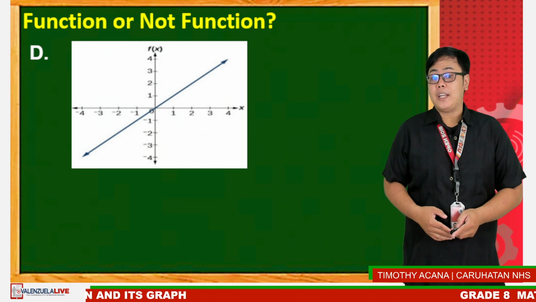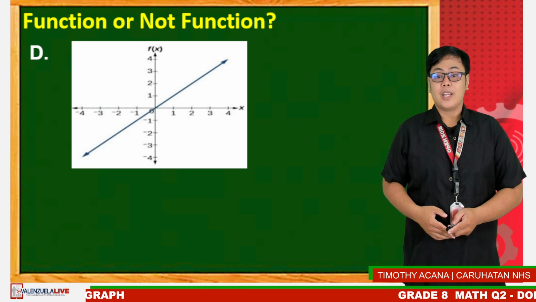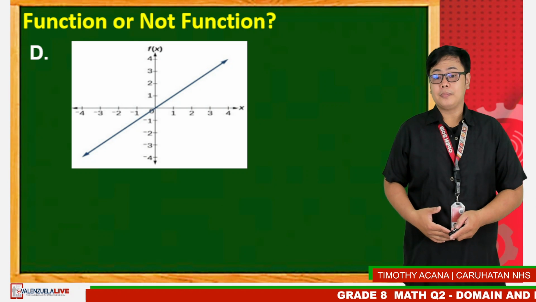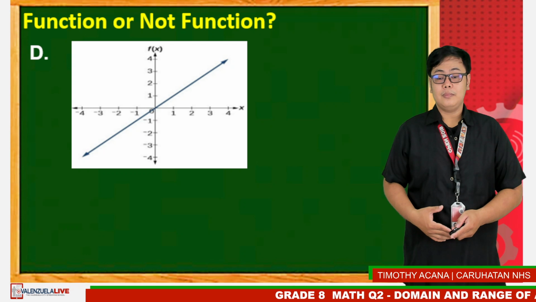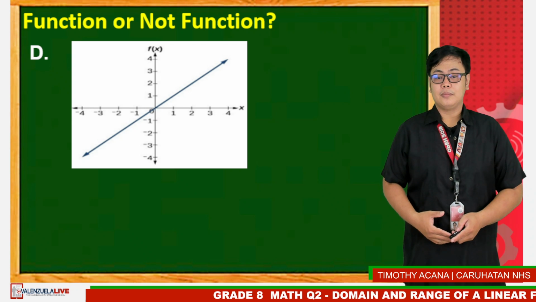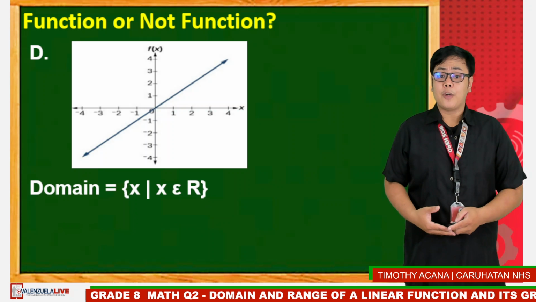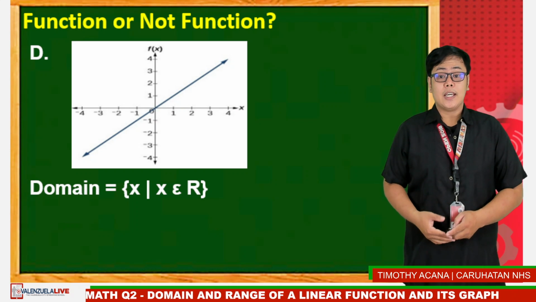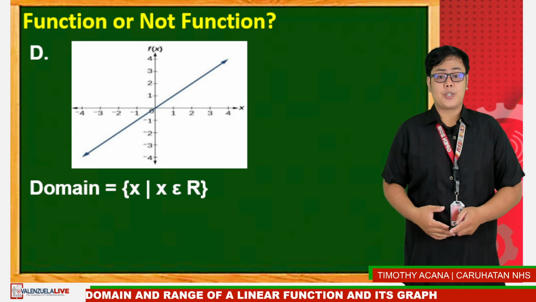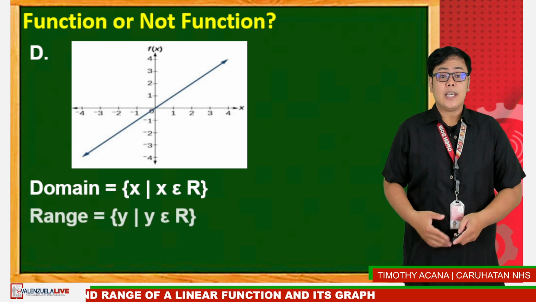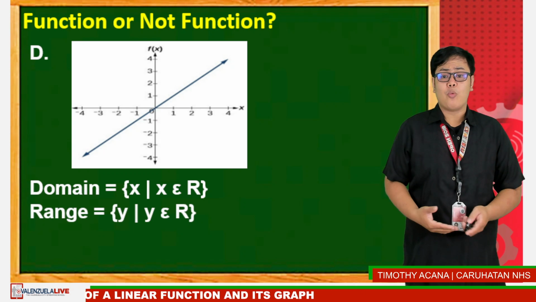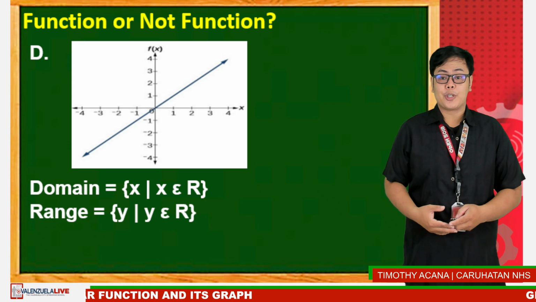How about the given line as shown in the figure? Is it a function or not? The domain of this graph is the set of all x such that x is an element of the real numbers, while the range is the set of all y such that y is an element of real numbers.